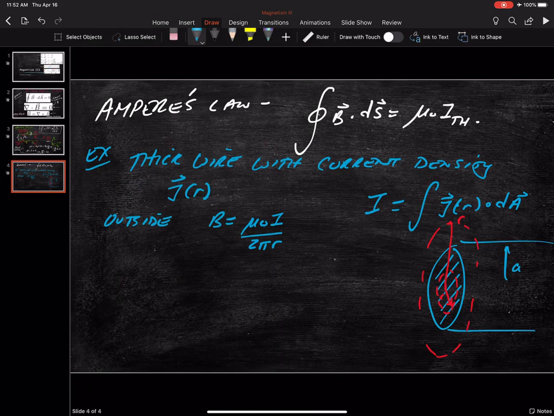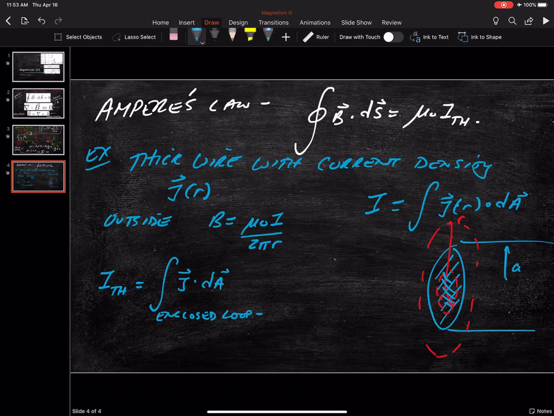Just like Q enclosed was the integral of the charge density over the volume, here I through should just be the integral of J dot dA for the enclosed loop. In other words, I figure out how much current actually passes through that part of this loop.